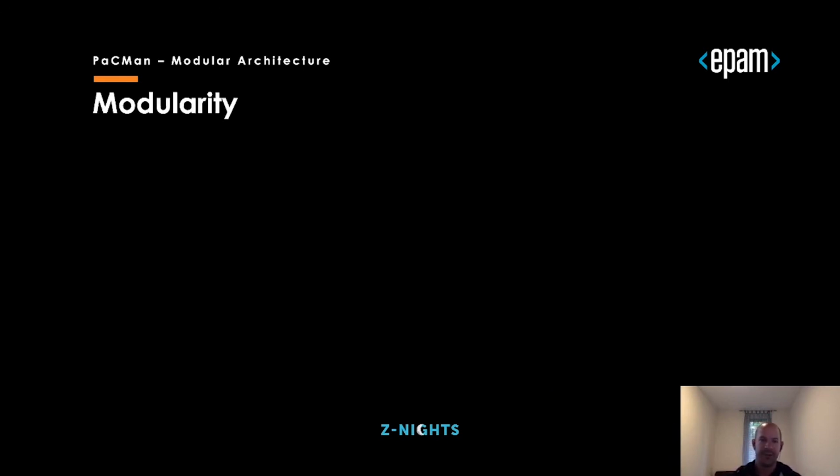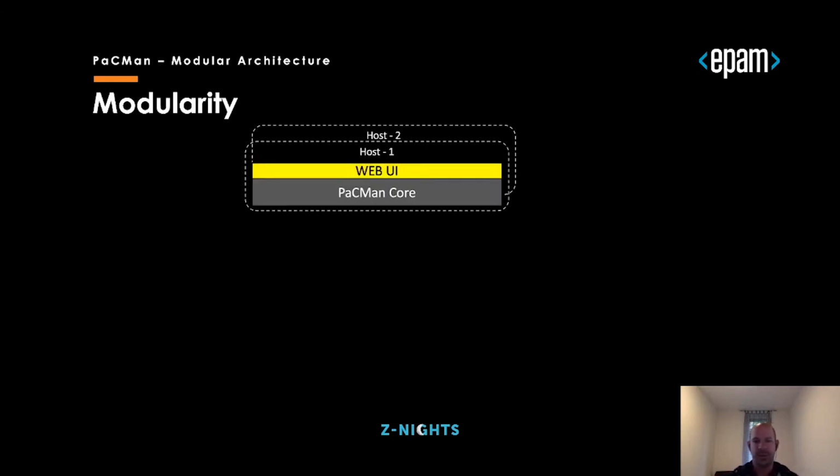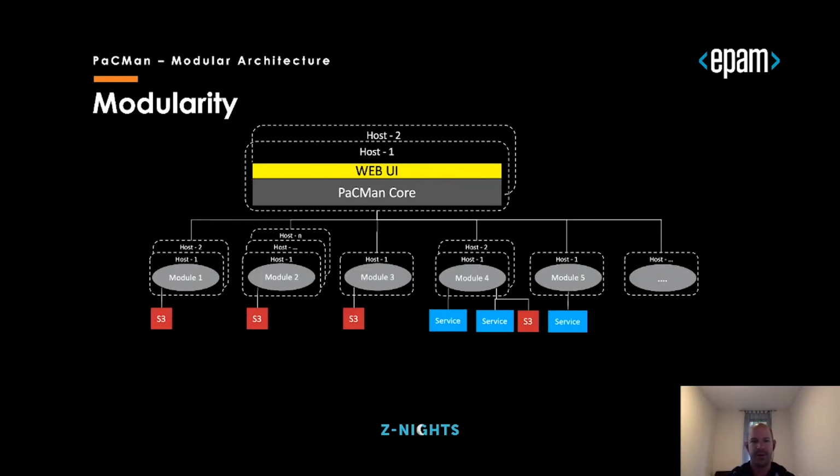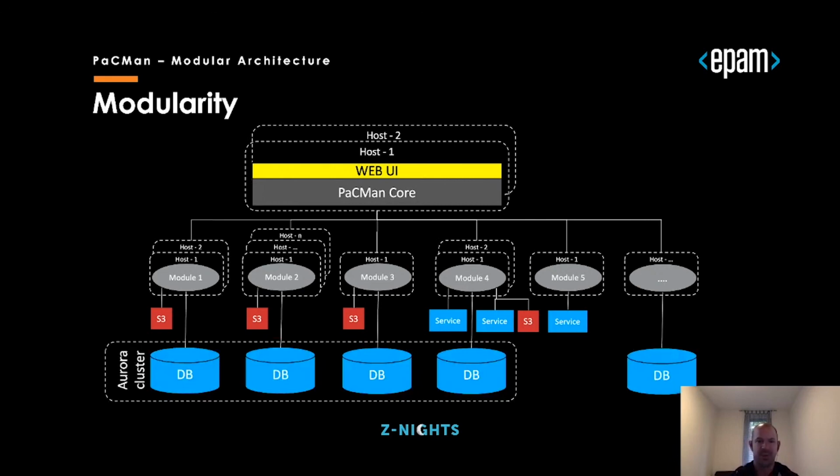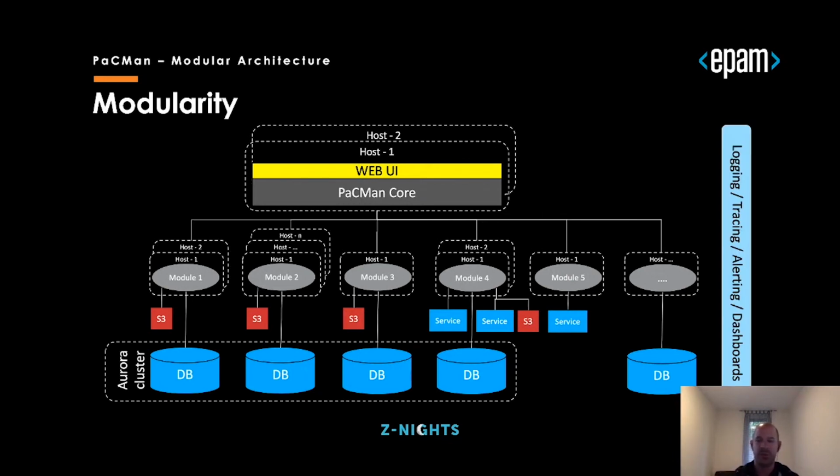And finally, you can see here that we have an independently deployable PACMAN Core application with the modules behind it. All of these modules are absolutely independent, and they have their own GitHub repository, their own release process, and their own databases as well. Besides this, we have distributed logging, tracing, alerting, and dashboards functionality.